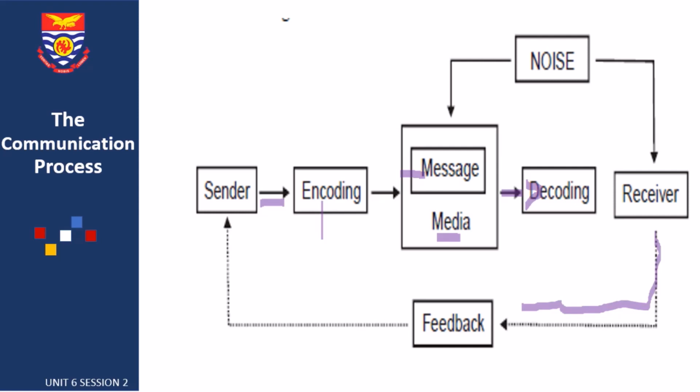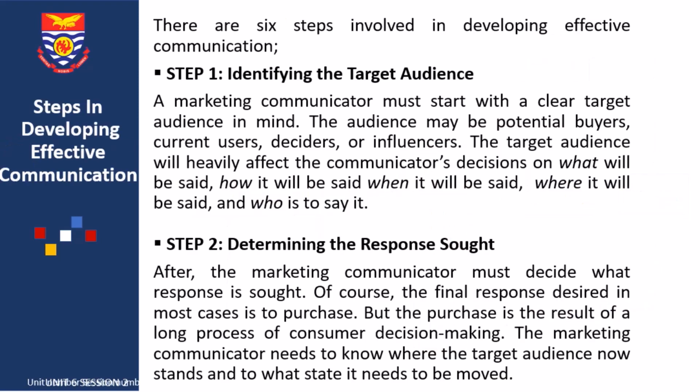What hinders the free flow of communication is the noise. A noise can occur during the time the message is sent, or during the interpretation by the receiver. Steps in developing effective communication: in all, there are 6 steps involved in developing effective communication.